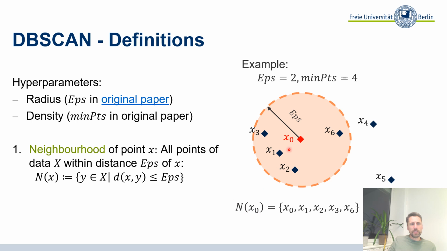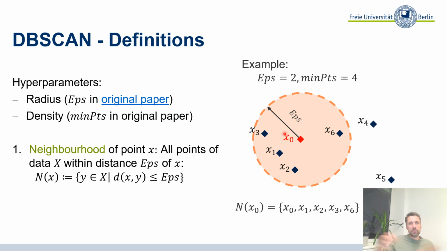So N of x0, the neighborhood of x0, is the point itself because it's inside this area, and then all these other points. And with this parameter eps here, we have some way of adapting to different kinds of data.